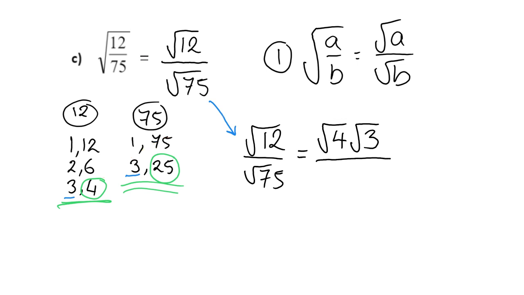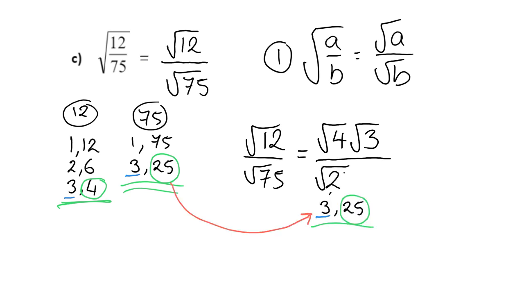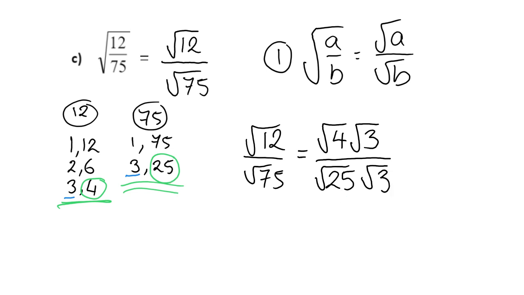Equally, in the 3 and the 25, we're going to take the 25 to start us because that's the square number. So square root of 25 times the square root of 3. So the combination here, 4 times 3 is 12, 25 times 3 is 75. They both need to have square numbers, square roots over them. And from here, we can simplify the individual square roots.